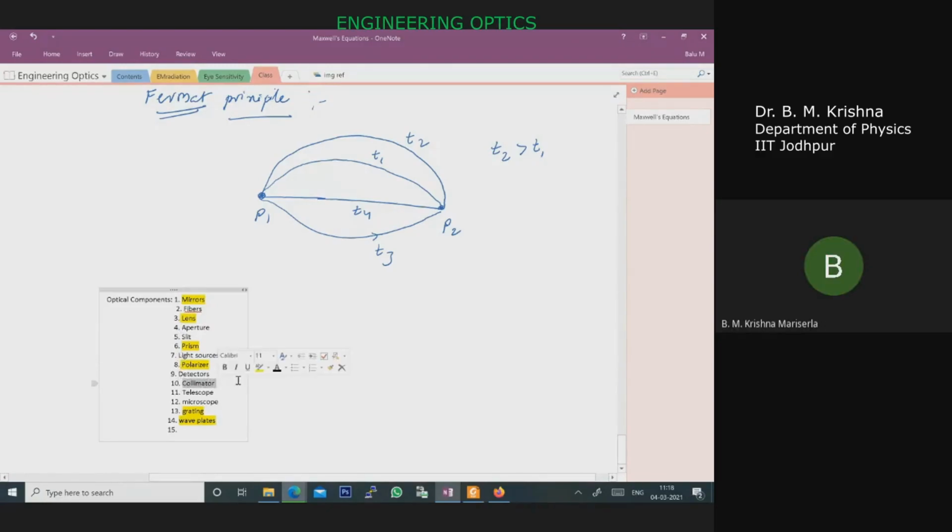Now what you are talking about, the glass slab. A collimator is actually an optical system. This collimator is a combination of lenses, so that is an optical system. The optical system is made up of optical components.